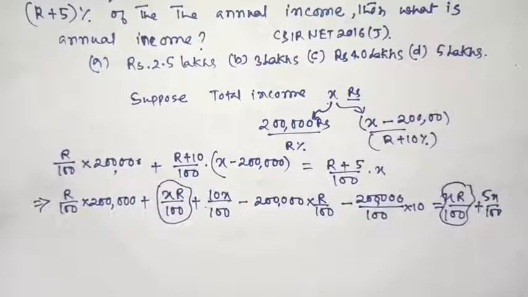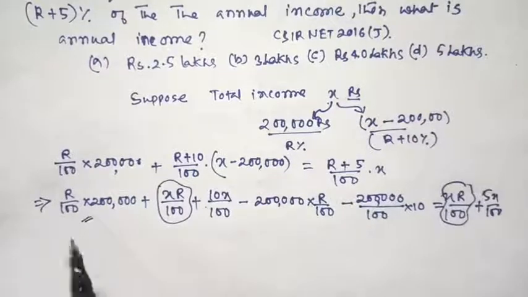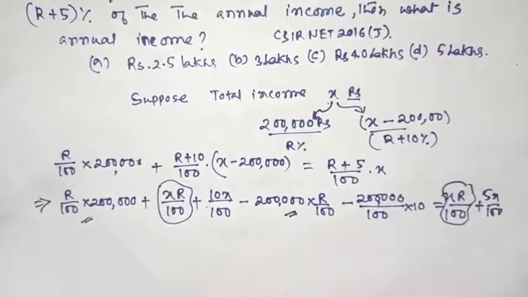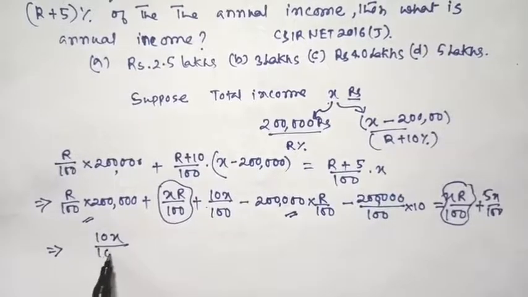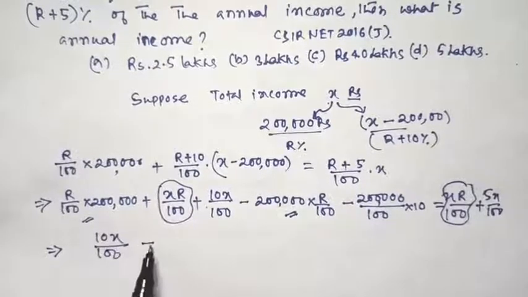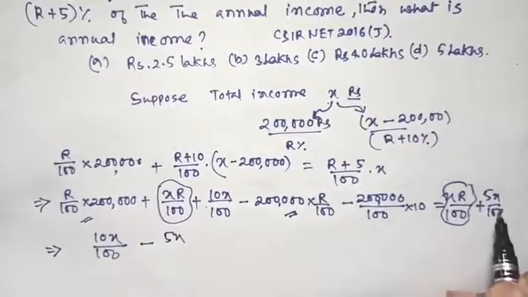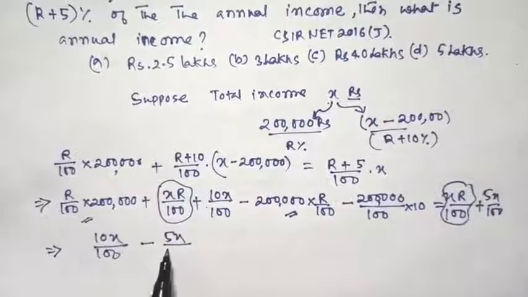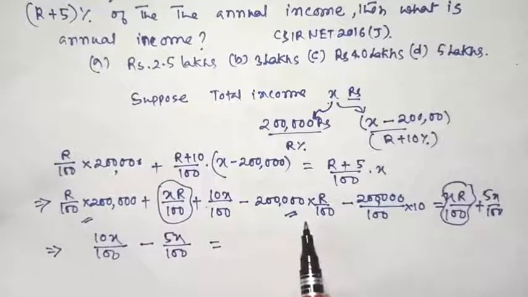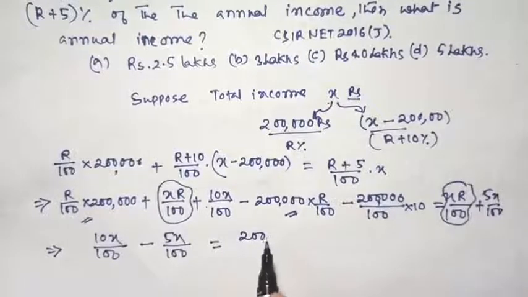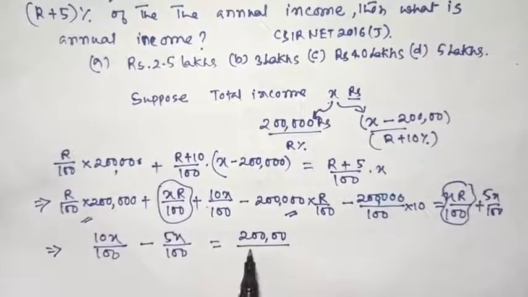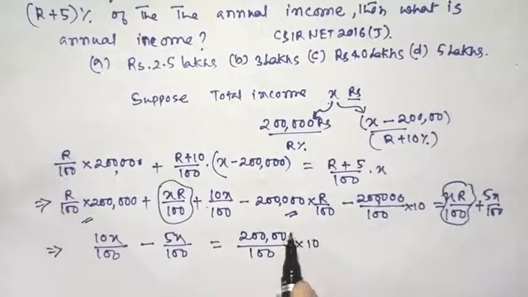Again you see this much and this much will cancel out, so you will be left with 10x divided by 100 minus 5x divided by 100 equal to 2 lakhs divided by 100 into 10.